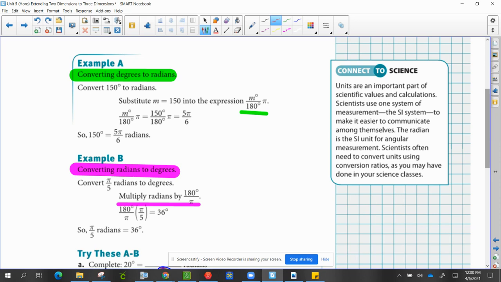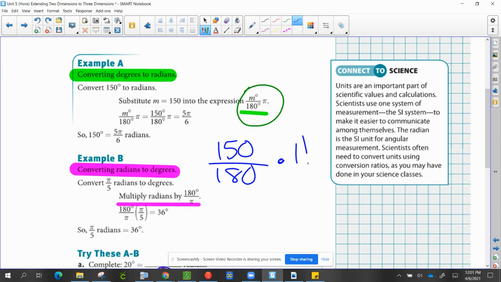Our first question here says convert 150 degrees to radians. It's kind of like converting from feet to centimeters. They're the same exact measurement, just different units. Here's how you do it for degrees to radians. You take the measurement you're given, divide it by 180, and multiply by pi. So in this problem, we have 150, divide that by 180, times pi.